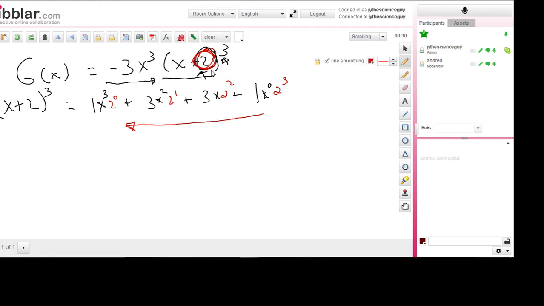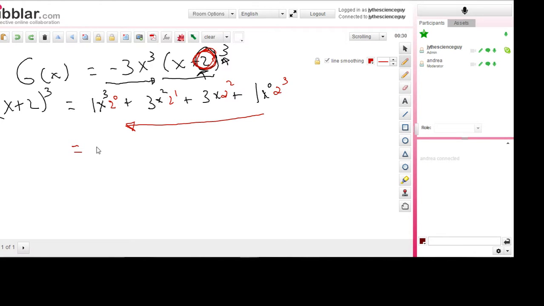So now if I want to know what this actual polynomial is going to be, now I do the math. What is 2 to the 0? It's 1. What's 1 times 1? 1.